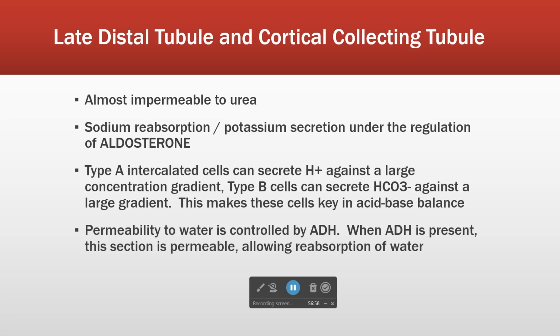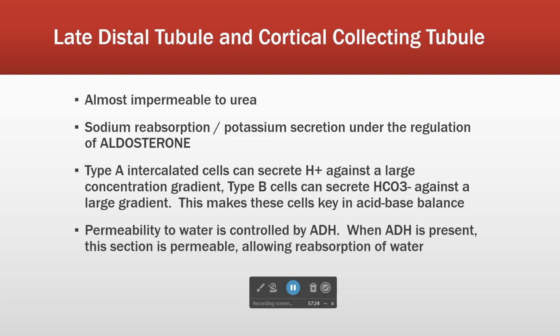Now, this last point is probably most important, and that's in this section, permeability to water is regulatable. All right, that's a weird spot in the body. It's the only spot in the body I'm aware of where the permeability to water can be controlled by a hormone. When ADH is present, remember antidiuretic hormone is a small neuropeptide.